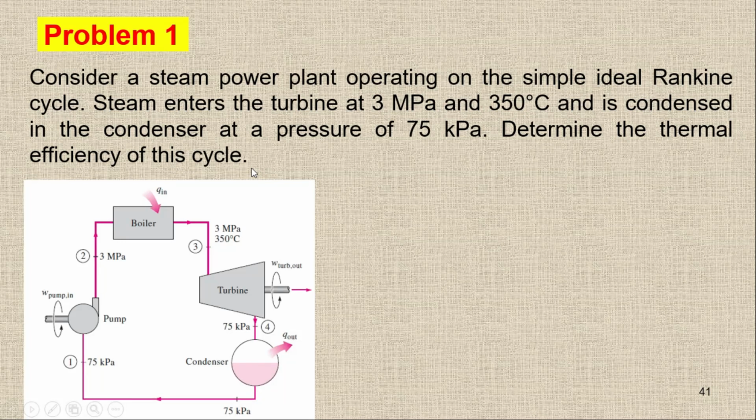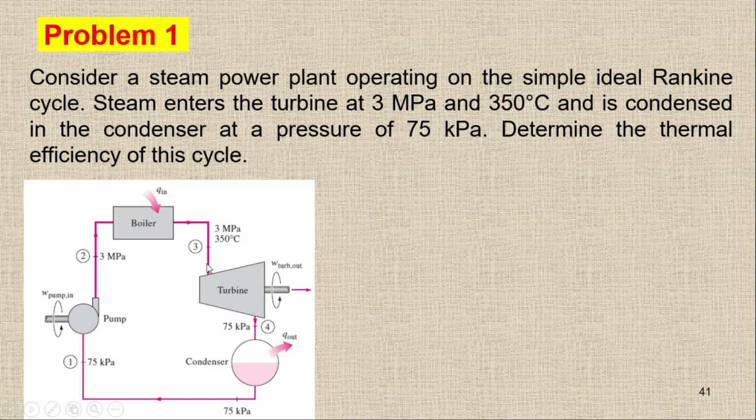So here we have the cycle where we have the pump, boiler, turbine, and condenser. At point number 1, we have 75 kilopascal. At point number 2, after this pump, we have 3 megapascal. Then we have constant pressure heat addition, and we have 3 megapascal again, but the temperature of 350 degrees Celsius, so it means we are somewhere in the superheated region. Then this steam is going to expand in the turbine, and we are getting some work output.